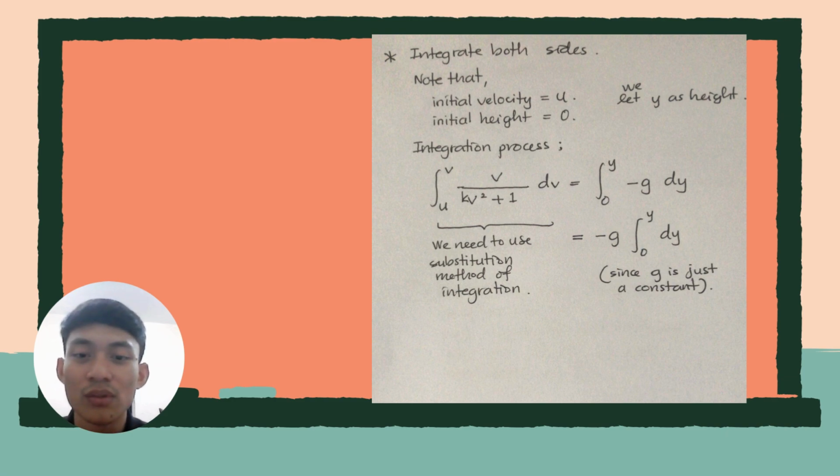We need to use the substitution method of integration in order to solve it, because we cannot solve this part directly. All right. So that is the step for integration, and to continue to the last part to solve this equation, let's jump to our next person to explain this. All right. Thank you.